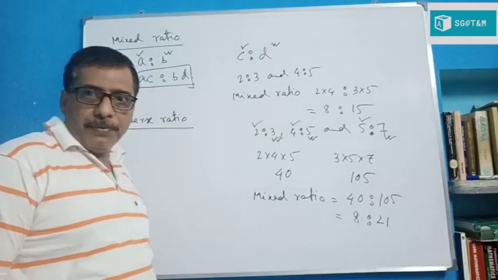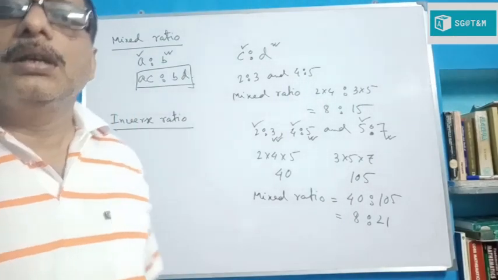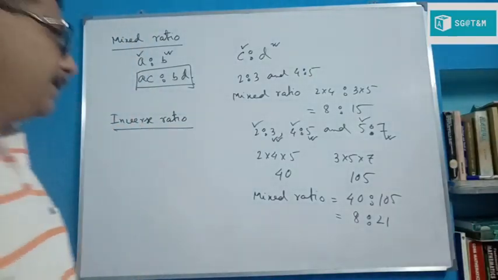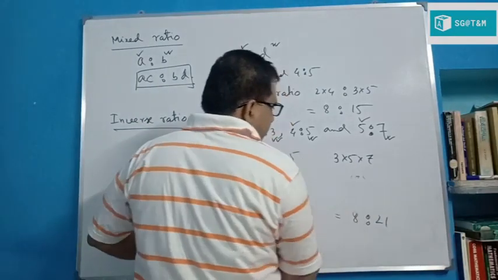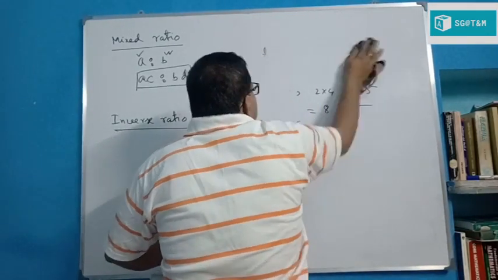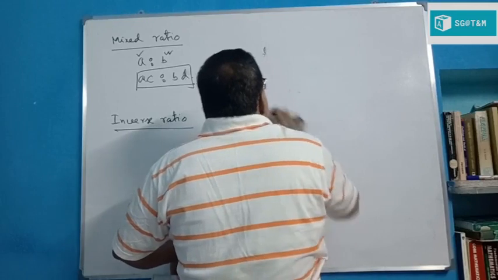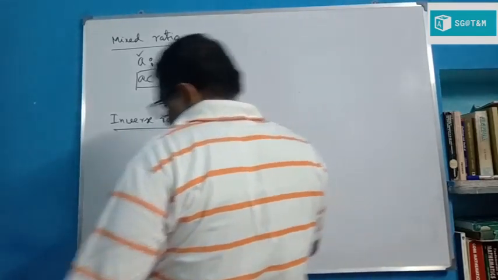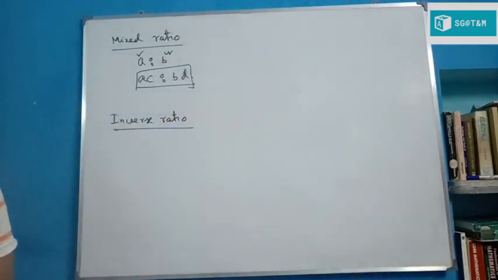Is it clear to all of you now? It is very easy. Again, find the mixed ratio from your book.